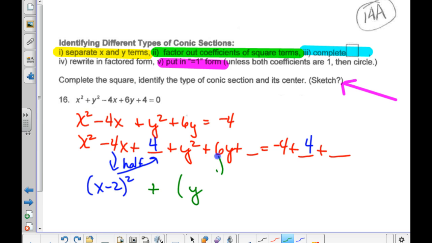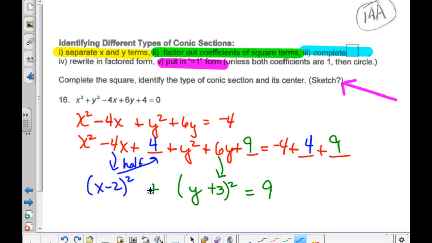If we take half of this, when we squared that all out, we'd be adding a 9 here. There's nothing multiplied anywhere, so we are adding a 9 over here, and we get -4 plus 9 is 5.